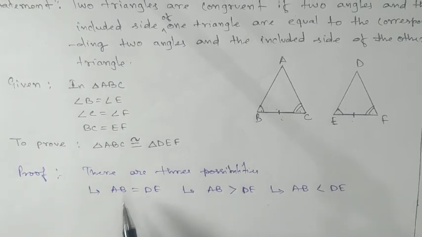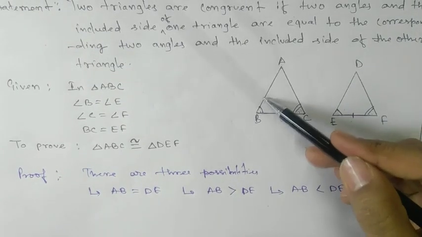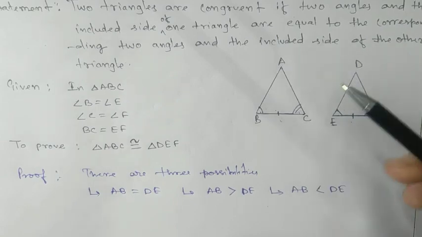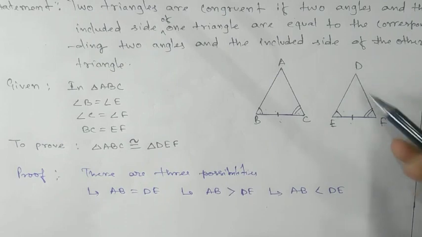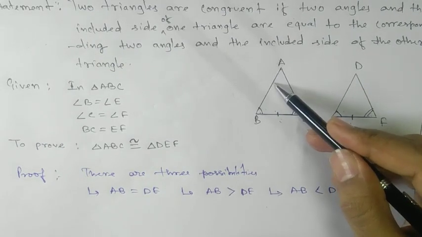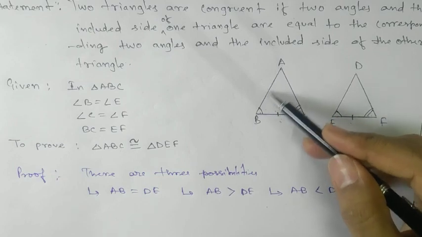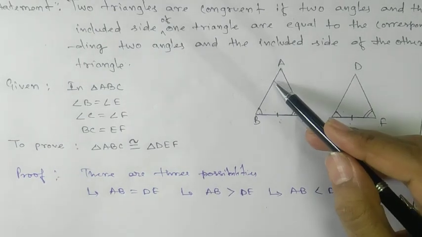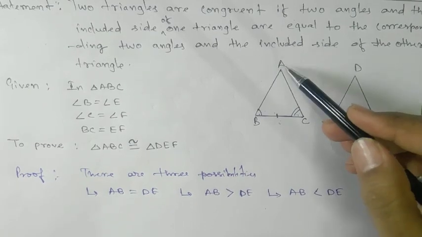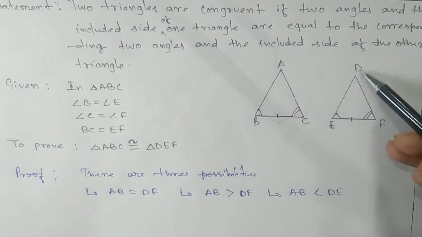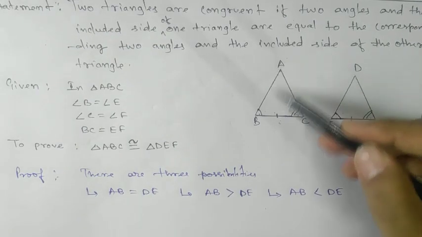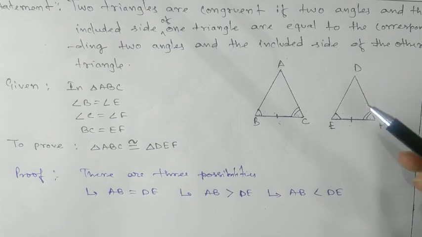In the first case, AB equals DE. In the second case, AB is greater than DE, that means there must be a point P such that PB equals DE. And the third one, AB is smaller than DE, that means if we extend this somewhere at point P, then PB equals DE. That is the third case.